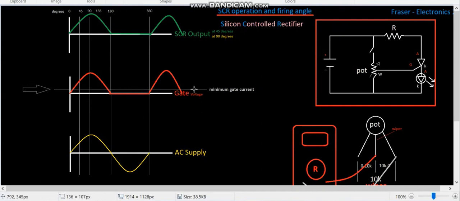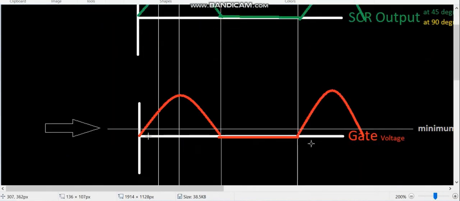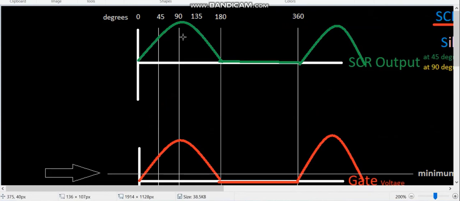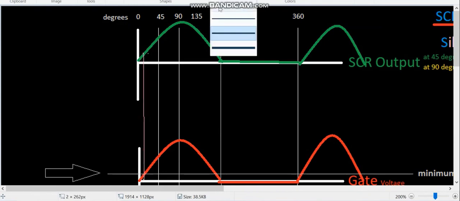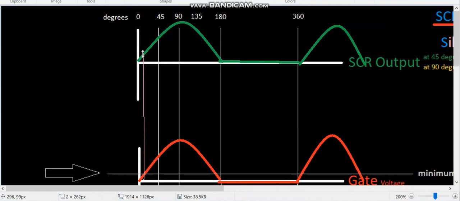However, if we look at the minimum value of gate current here, we can see something's happening. Let me zoom in on that. During this portion, the gate current doesn't start until here, which means it isn't turning on until it gets to that point right there where my crosshairs are.